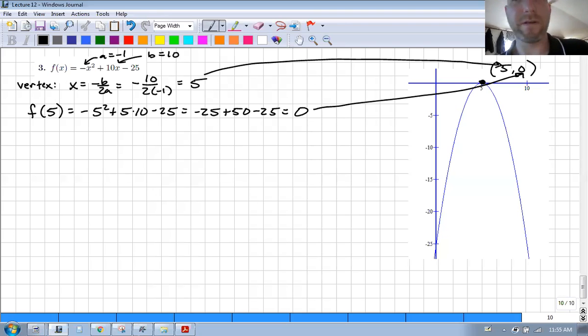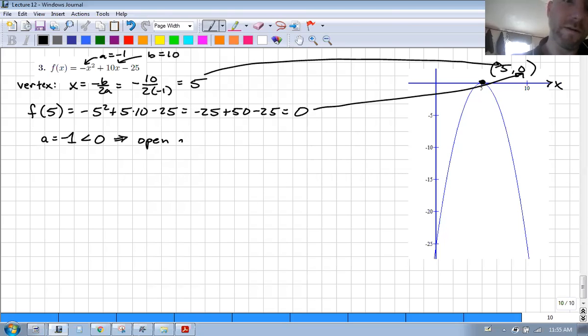All right. So since the vertex lies on the x-axis, right? And a here is negative 1, which is negative. That means it opens downward, okay? So we can see that it goes down.